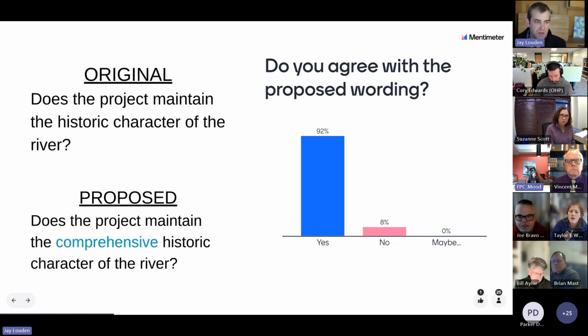It sounded like it was more cultural. Yeah, I think people were very concerned that it wasn't defined what historic was actually covering. Bill, feel free to jump in if you have any thoughts. But I think a lot of what we heard was they didn't want it to be a concrete ditch.